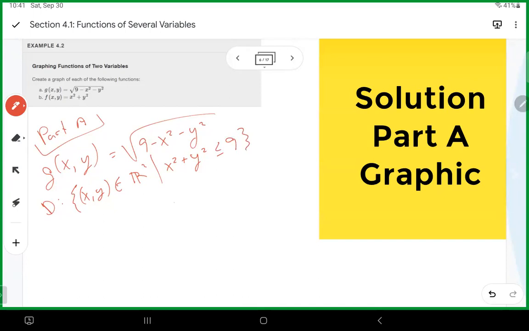Okay, and the range was z in the set of all real numbers such that 0 is at most z is at most 3.